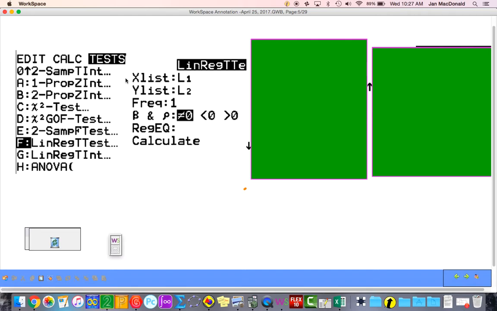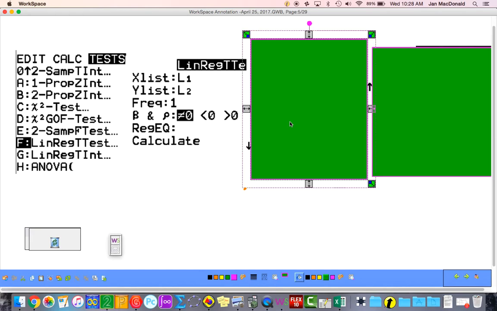It says our X variables are in list 1. Of course, you can change that, but I think we did put our X variables in list 1. Our Y variables should be in list 2. And again, you could change this if you needed to. Our alternative hypothesis is not equal to 0. This tells us we have a two-tailed test. And then we're just going to hit arrow down until we get to calculate and hit enter.